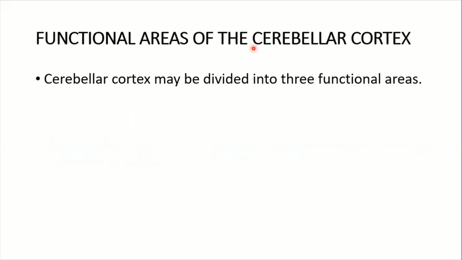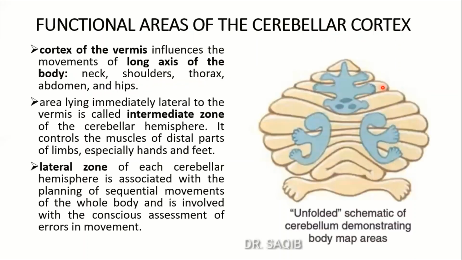So, functional areas of the cerebellar cortex. The cerebellar cortex may be divided into three functional areas. Have a look at that. This is one, here lies the vermis of the cerebellum, and this is the vermal area. Here you see the representation: the cortex of the vermis influences the movements of the long axis of the body.